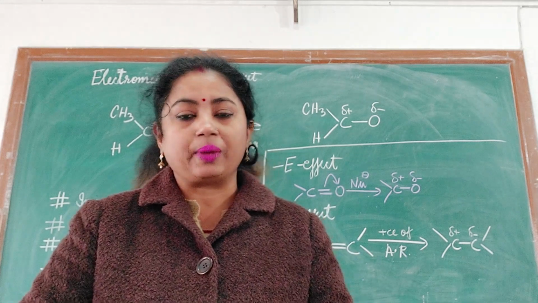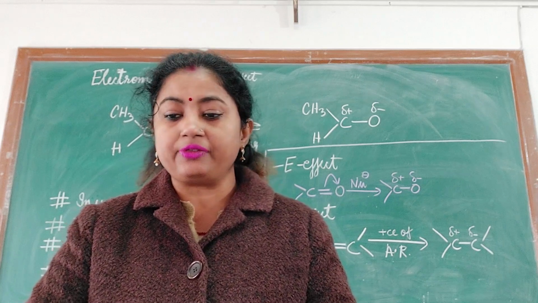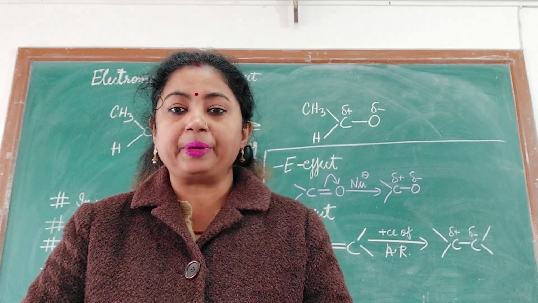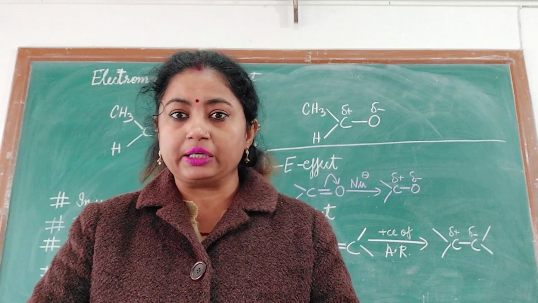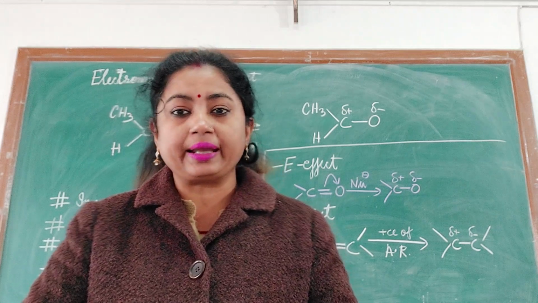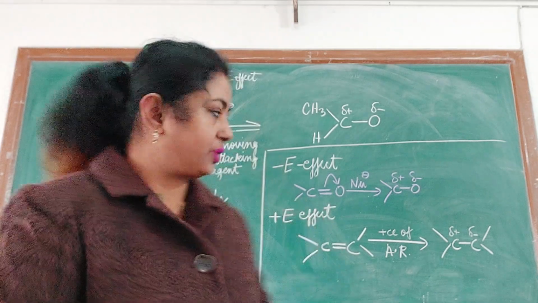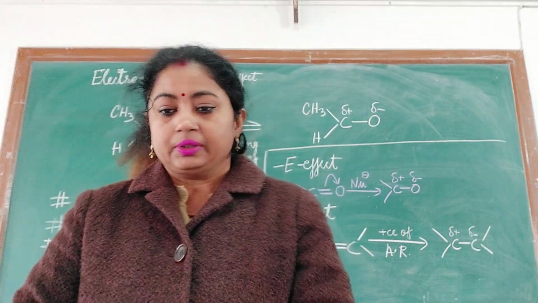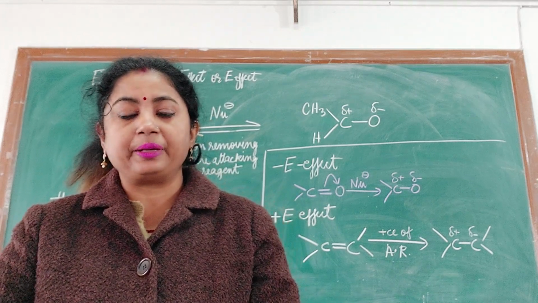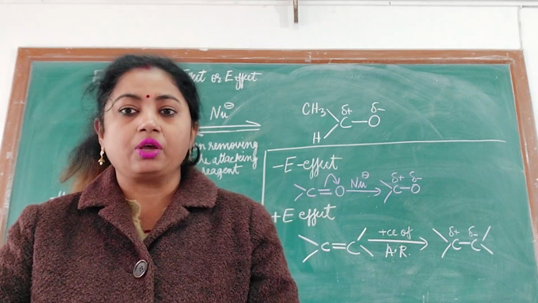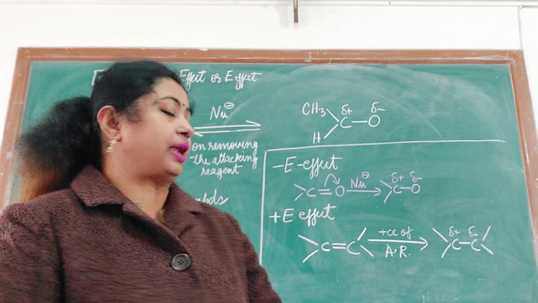So for minus E effect, you will write: the effect is said to be minus E effect if there is complete transfer of pi electrons towards the more electronegative atom in the presence of an attacking reagent. You can note that down.